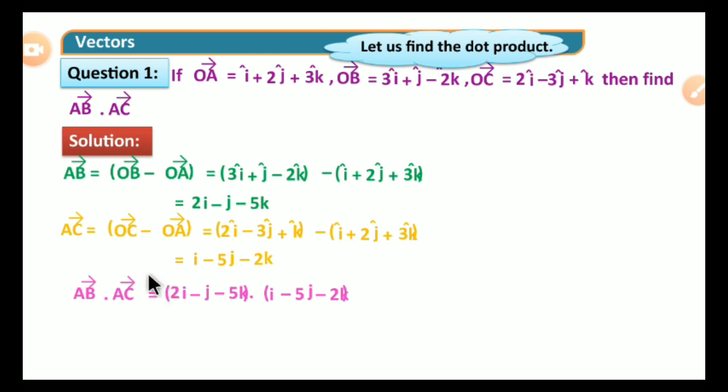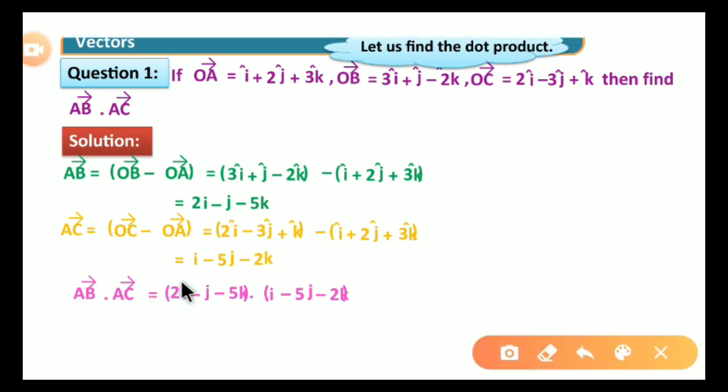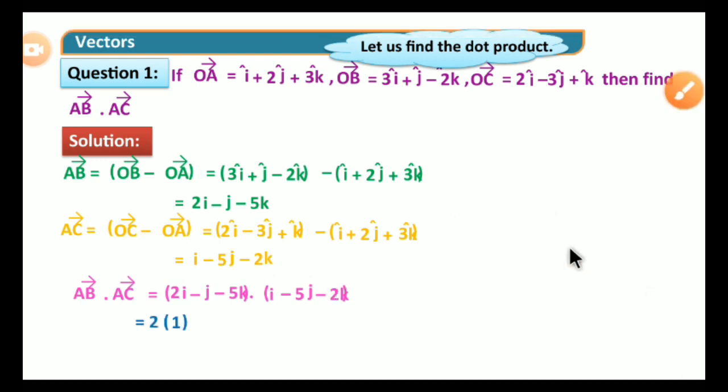According to the previous conditions, we multiply the corresponding components: 2 into 1, minus 1 into minus 5, and minus 5 into minus 2. Minus into minus becomes plus.